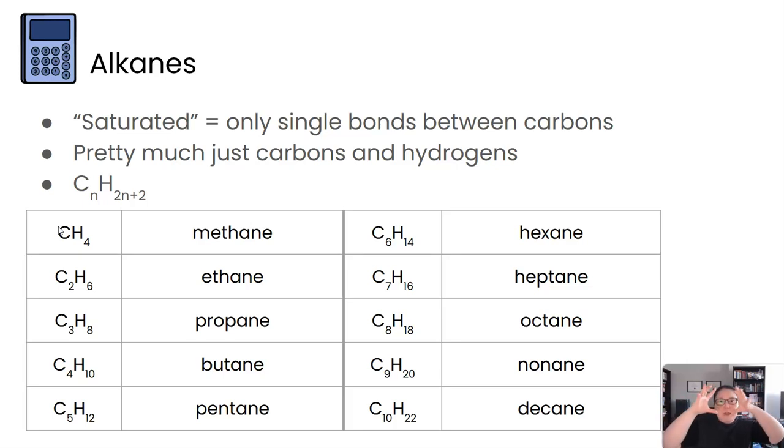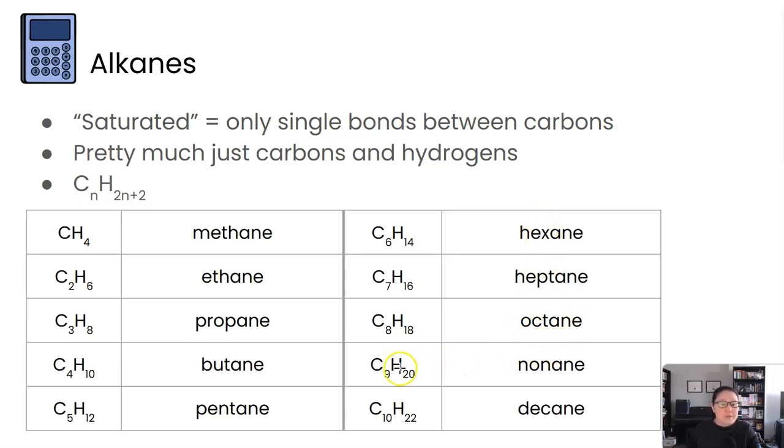But then the base, here's how many carbons my base chain, my parent chain has, is pretty much going to follow these names. Now, when you're trying to memorize these, some of these are going to be easier at first than others. Pentane, penta, pentagons, 5-sided shape. Hexane, hexagon, same sort of thing.